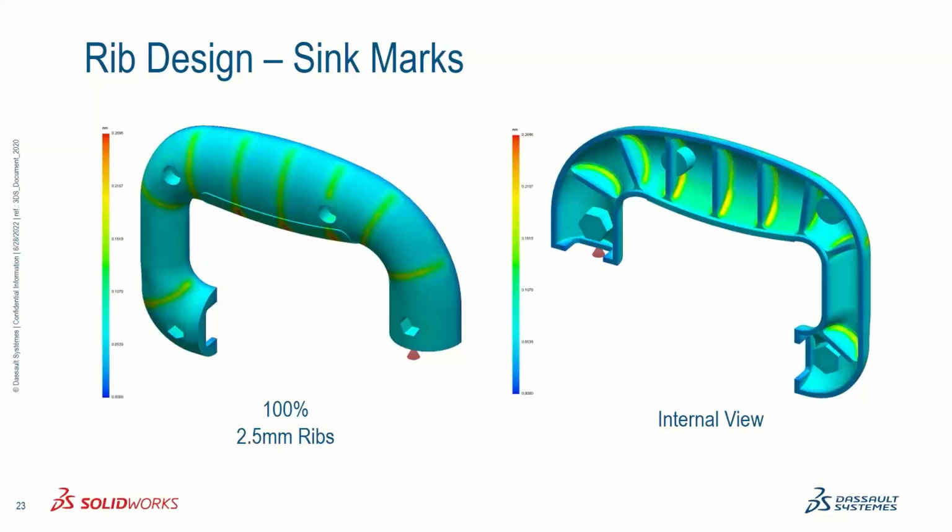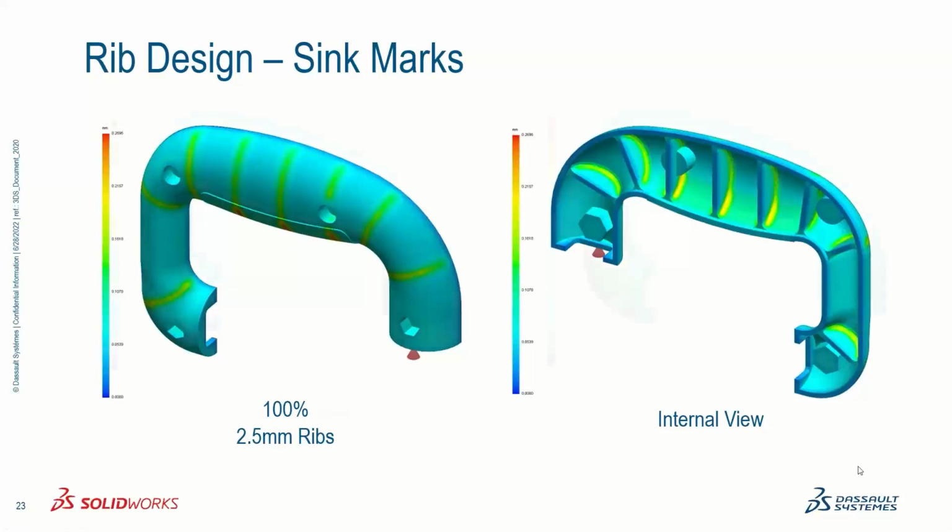And then if you were to use simulation to run a quick analysis and look at the sink mark result, you can very quickly see that you have very significant sink marks, both in terms of their width and in terms of the depth of the sink mark.